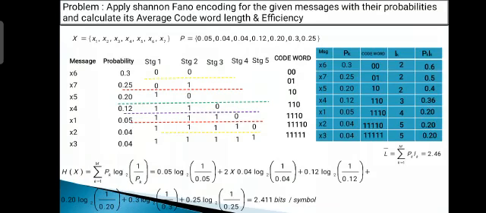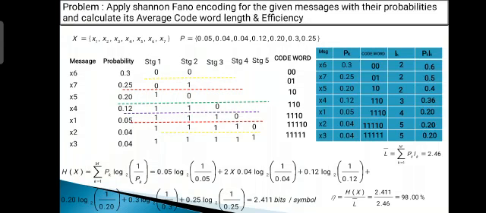We get the value of entropy as 2.411 bits per symbol.